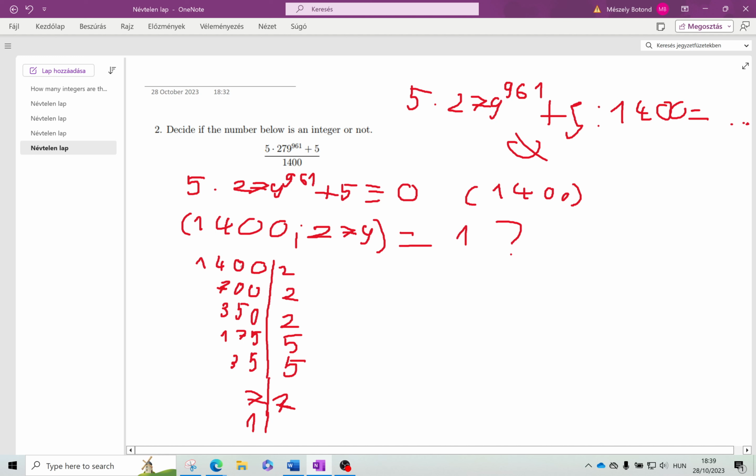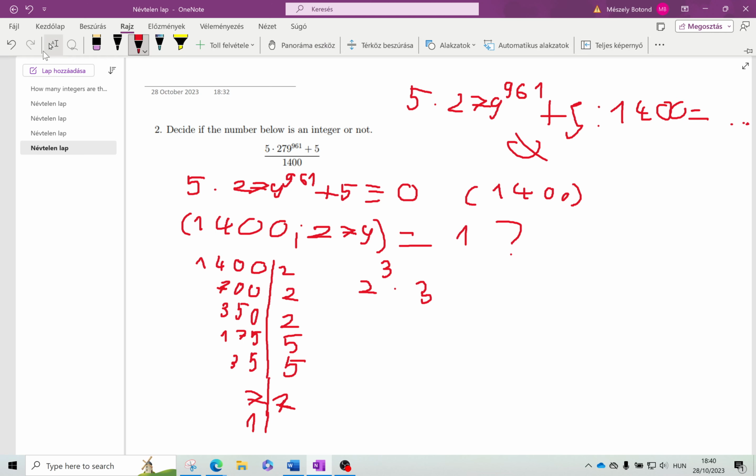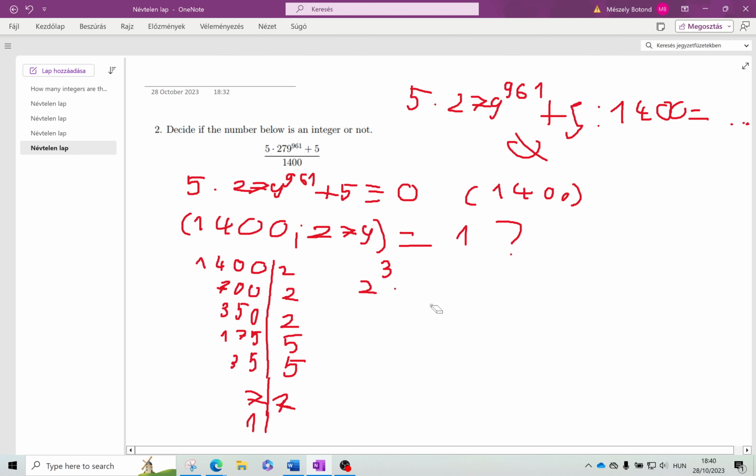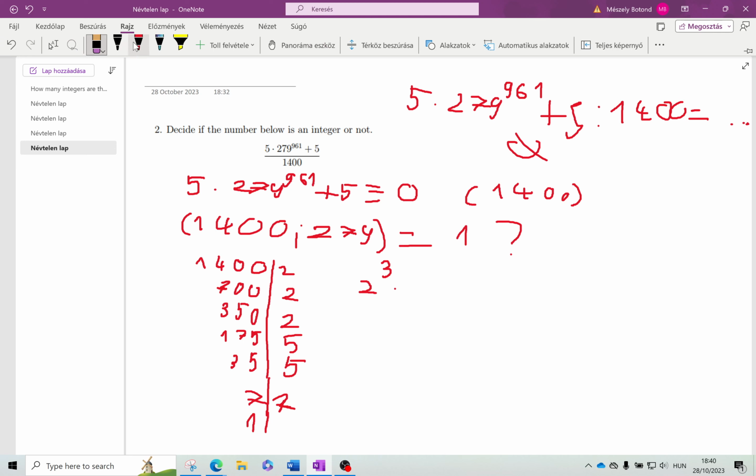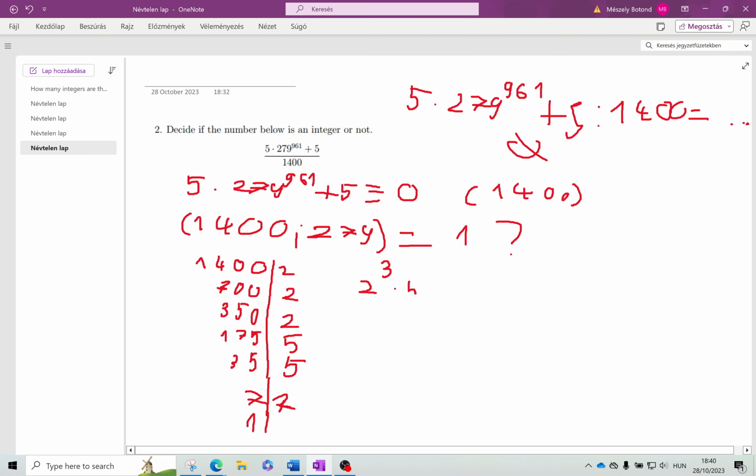Basically dividing a number into prime numbers, the multiplication of prime numbers. So that means 1400 equals 2 to the power of 3 times 5 to the power of 2 times 7.